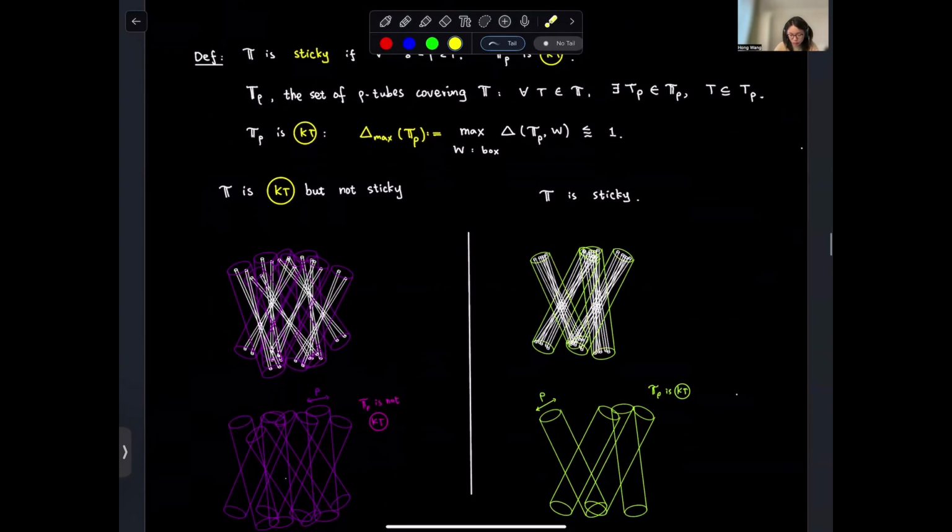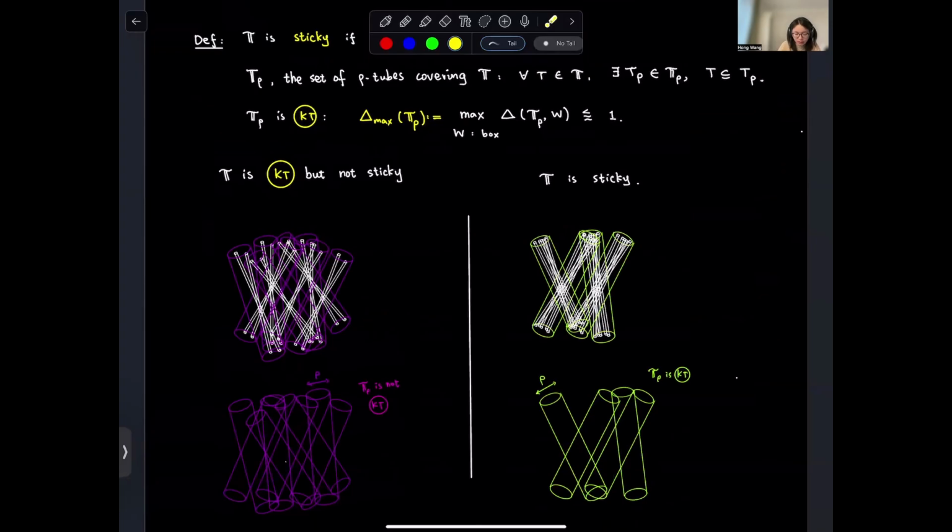So here are two pictures. On the left-hand side, the set of tubes satisfies the Katz-Tao-Wolff axiom, but it does not satisfy the Katz-Tao-Wolff axiom at scale ρ, so it's not sticky. Why is this the case?